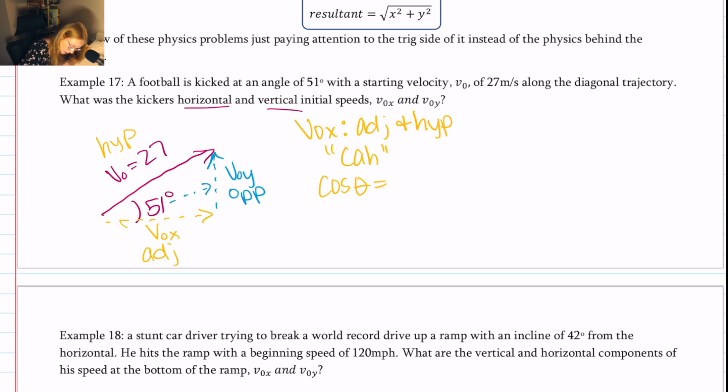So adjacent is actually V0 x, divided by hypotenuse, which is the original V0. No x or y, just the original V0. Okay? Let me get this by itself. That's what it's asking me to solve for. If I want that alone, well, I'm dividing by V0, so I'm going to multiply by V0 on both sides.